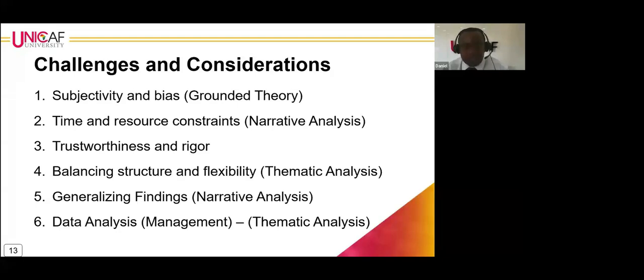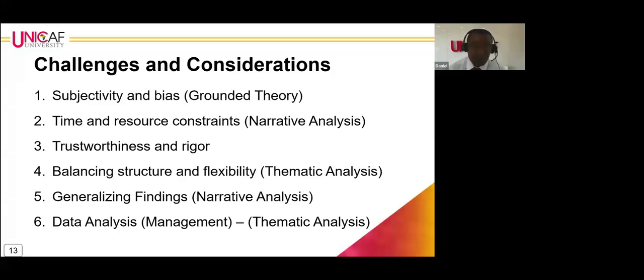The fourth one, balancing structure and flexibility. All right. So you will notice that as we proceed discussing the findings and how to analyze the findings, you will have situations where the entire findings that you have been analyzing has to be put in context in relation to the objectives of the study.